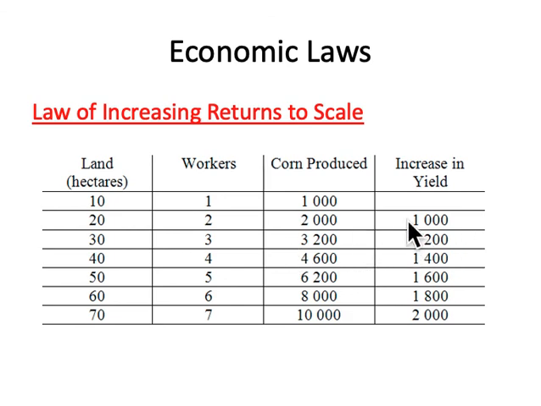My yield has gone up, so my returns have increased because my scale is increasing, right? The size of my business is increasing by land and by workers, right? At 40 hectares and 4 workers, my yield goes up 1,400. So I'm increasing my ability to produce faster than the amount of input I put in.